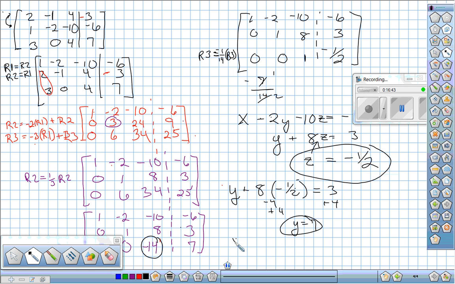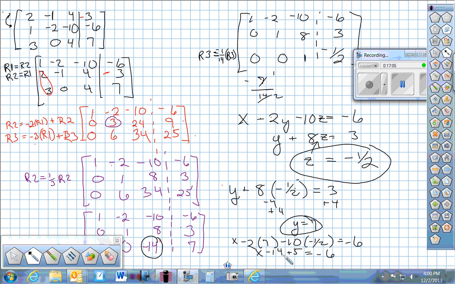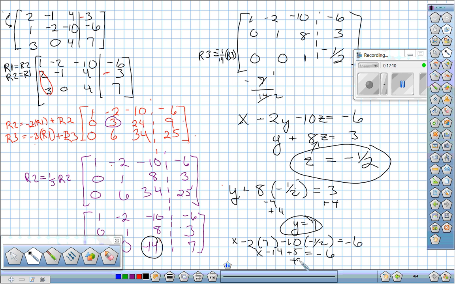I have x minus 2 times 7, minus 10 times -1/2, equals -6. That gives me x minus 14 plus 5 equals -6. Negative 14 and 5 is -9, so when I add 9 to both sides, I get x equals 3.